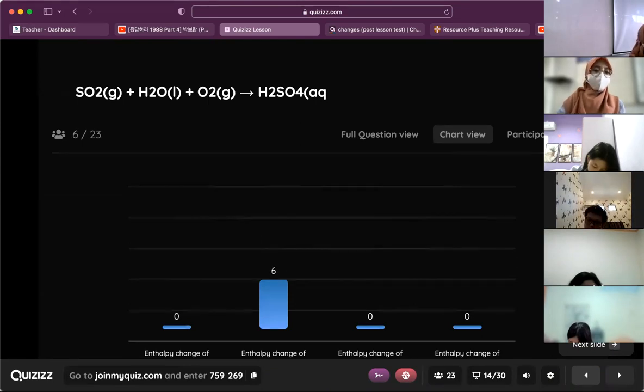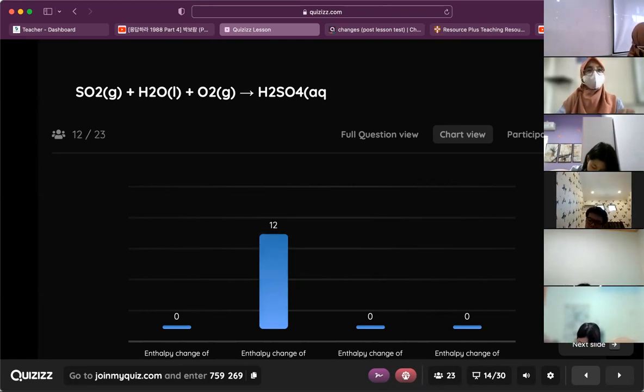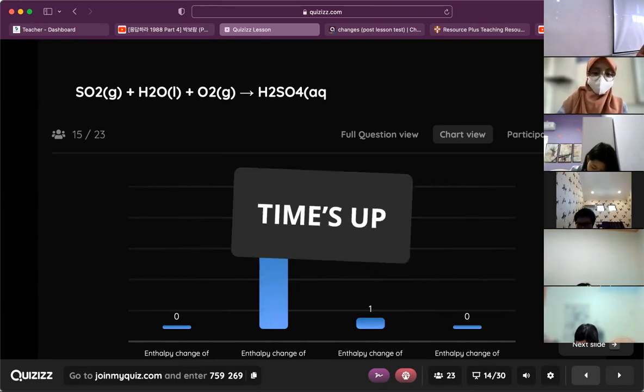Be careful with sulfur dioxide and water, that they are not elements. The element of sulfur, as I said before, is S or S8, hydrogen is H2, oxygen is O2.